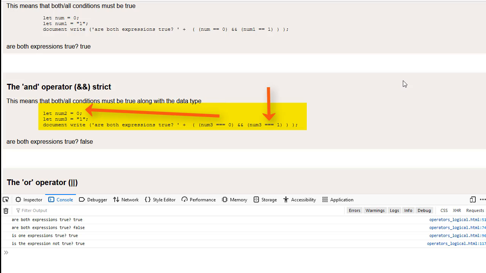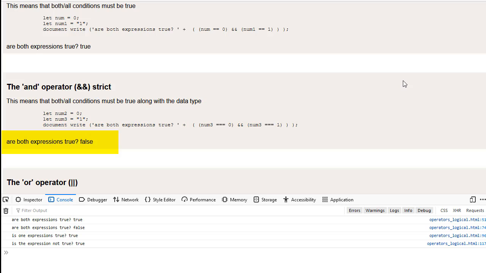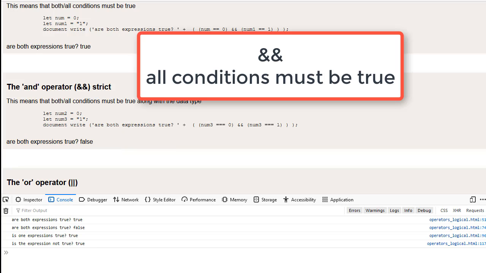Only one condition would be true. Therefore, this expression would return false. So when you're working with the AND logical operator, the condition on the right and the condition on the left have to be true. And you can have more than 2 conditions. You can have several.